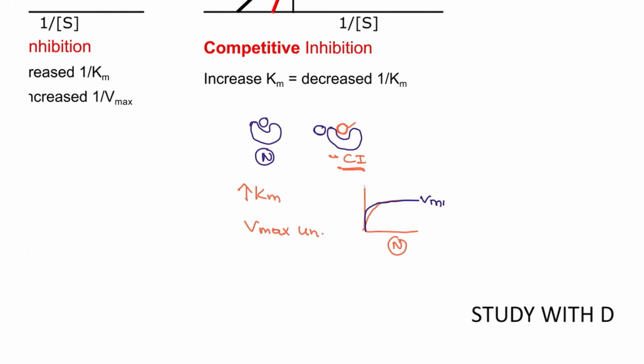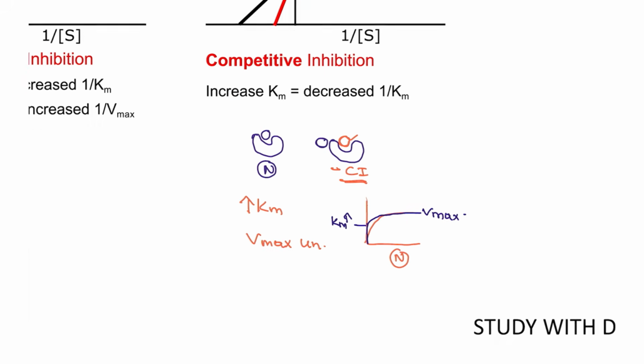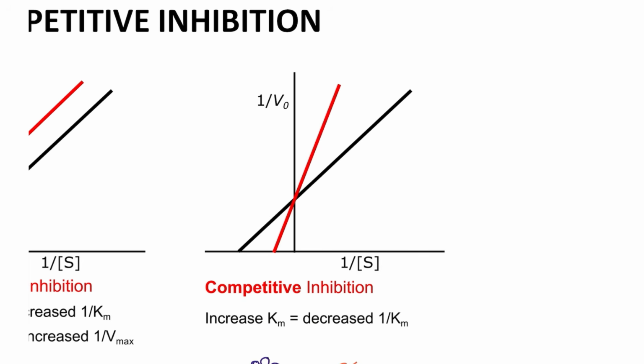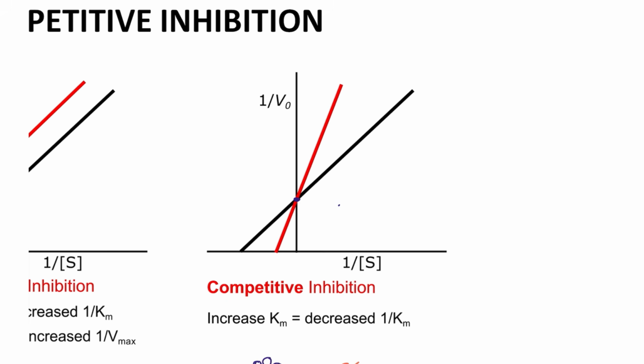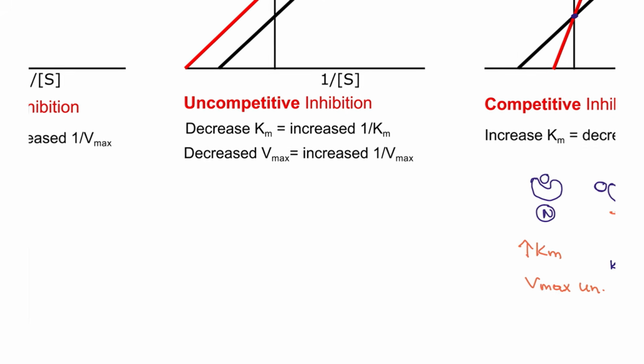Vmax is the same but the Km is increased. This is how competitive inhibition is seen. And on the Lineweaver-Burk curve there will be a connecting point between these two, Km and Vmax. That is how you have to identify them.